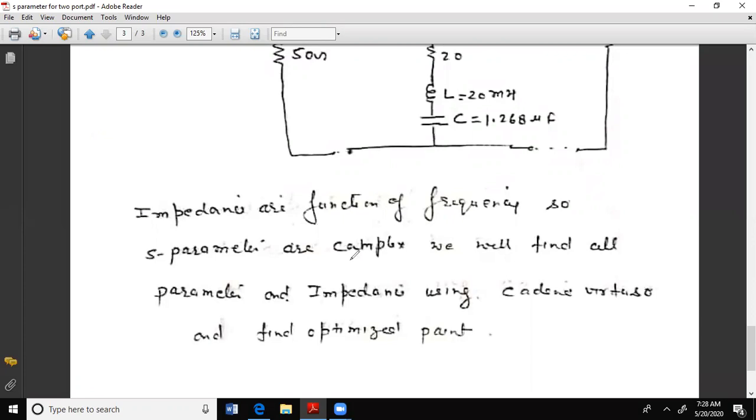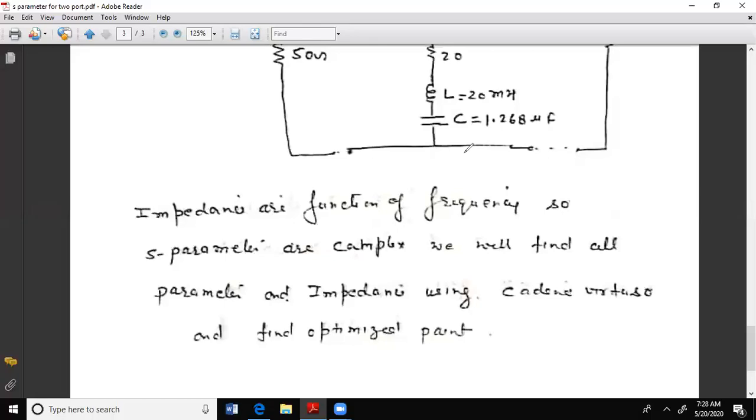We will find all parameters and impedance using Cadence. Now the mathematics becomes complex. So we will see how these S parameters for the complex load and impedance vary with respect to the frequency, and calculate the optimized point. What is the significance of the optimized point?